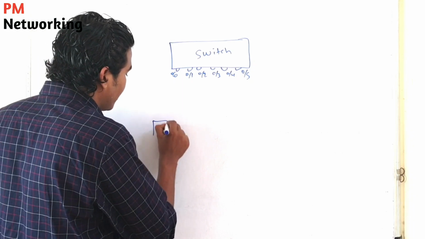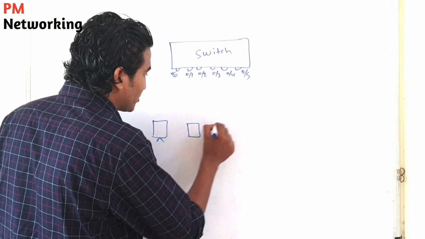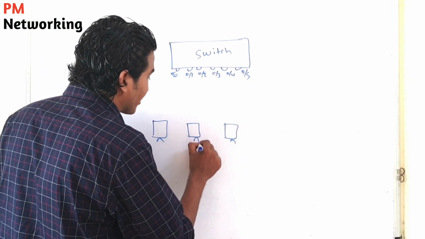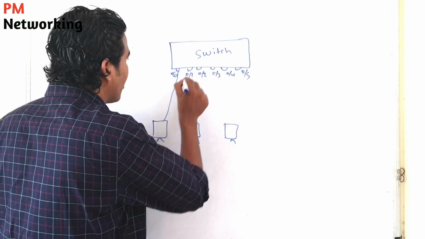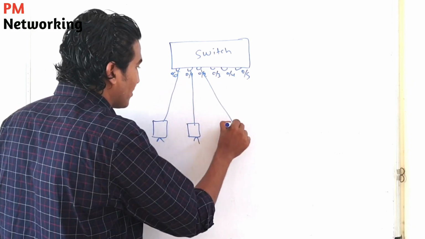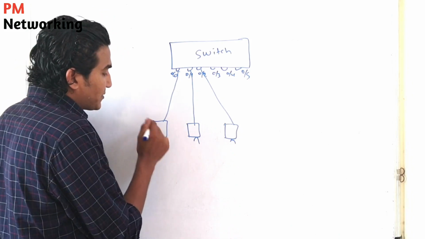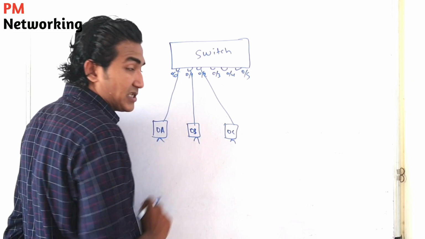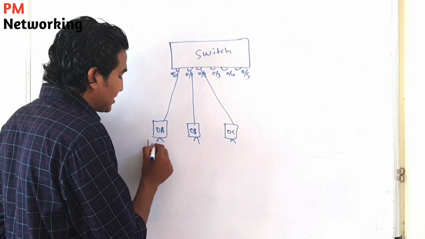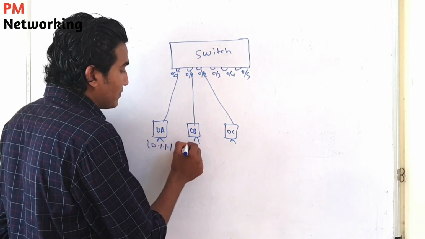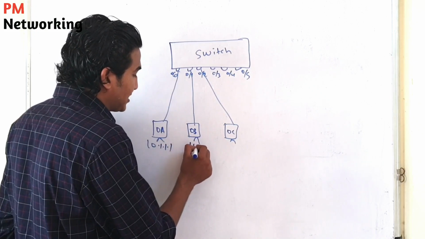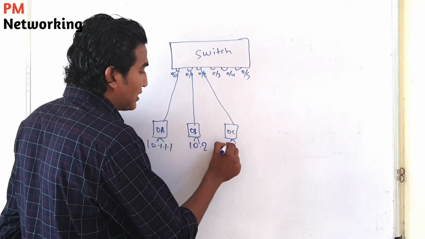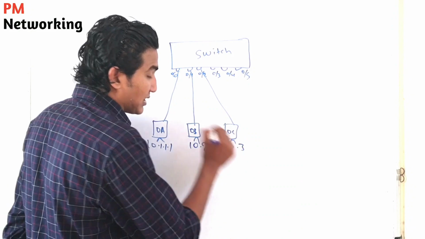And just suppose we have only 3 computers. The MAC address of this PC is 0A, of this PC is 0B, and of this PC is 0C. The IP address of this PC is 10.1.1.1, of this PC is 10.1.1.2, and of this PC is 10.1.1.3.